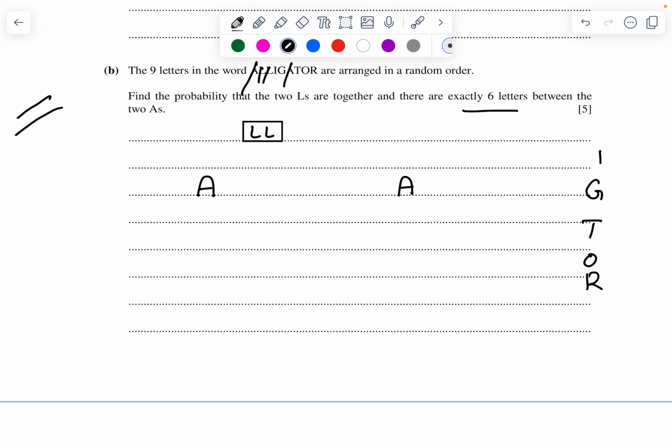I, G, T, O, R. So how should I be able to do that kind of arrangement? So 1, 2, 3, 4, 5, 6.